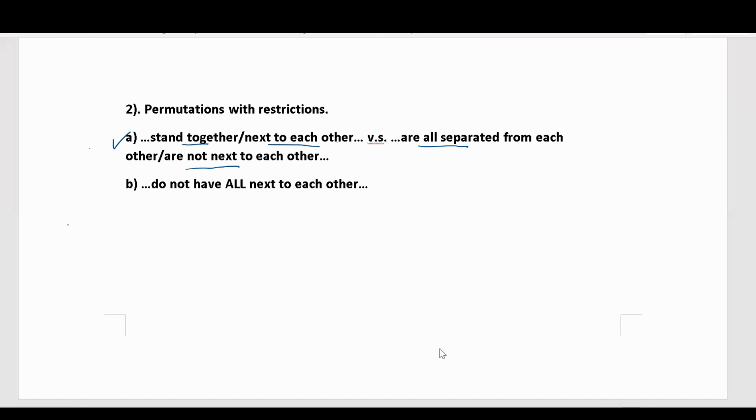Or another restriction will be like B, where they are not all next to each other. Okay, we will look at some exam questions to discuss these restrictions.